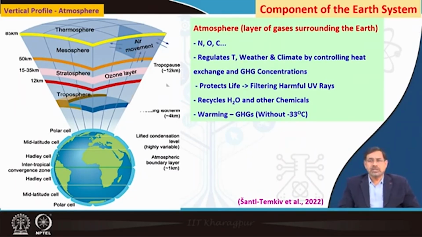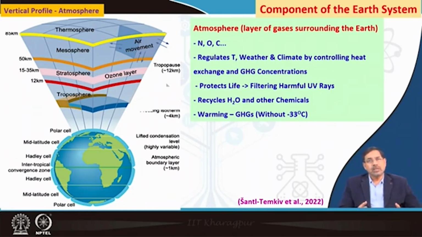They in turn regulate the various climate variables or climatic components, such as the temperature and the weather pattern, and this leads to control of the heat exchange and also the greenhouse gas concentration. The atmosphere plays a key role to protect life by filtering the harmful UV radiation.